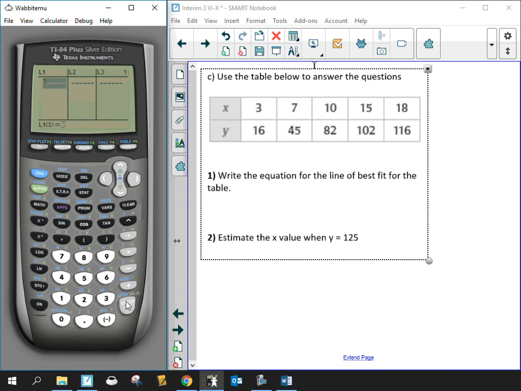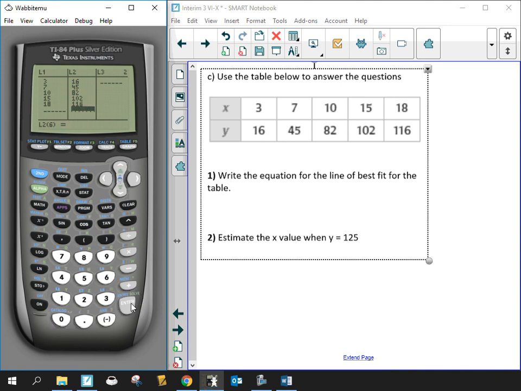So 3 and 16, 7 and 45, 10 and 45, 15 and 82, 18 and 102, 116.